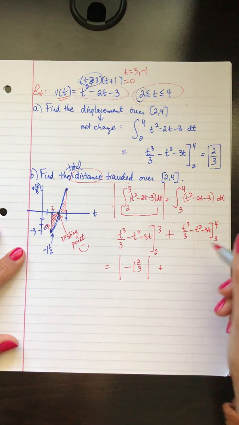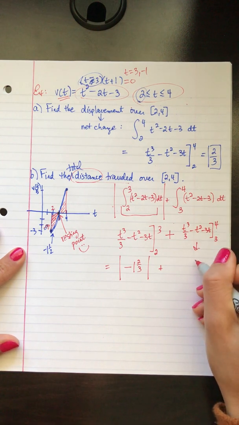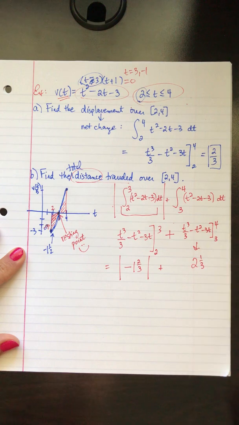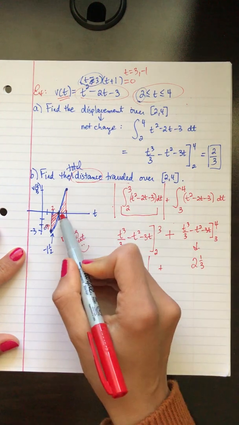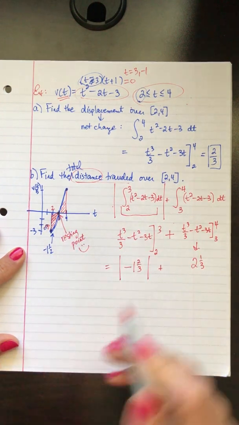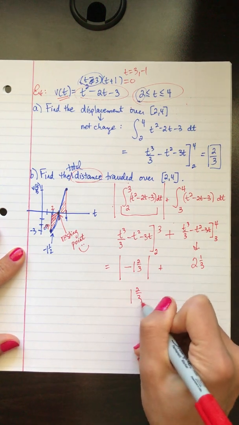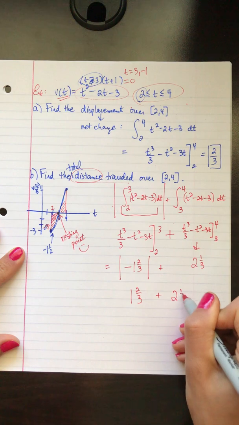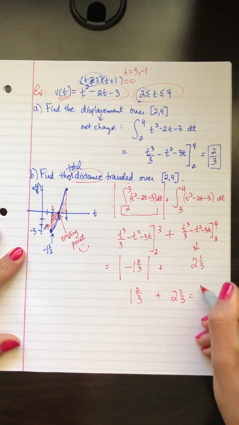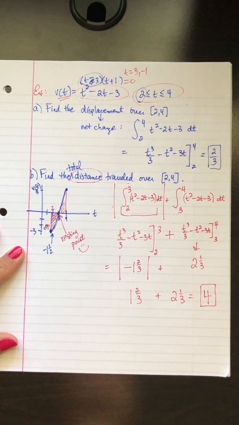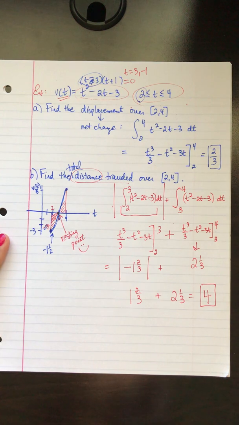I did that before class, and I got 2 1/3. Positive, not a shocker since that piece is already above the x-axis. And so the absolute value of -1 2/3 is 1 2/3, plus 2 1/3 gives me 4. That is the total distance traveled.